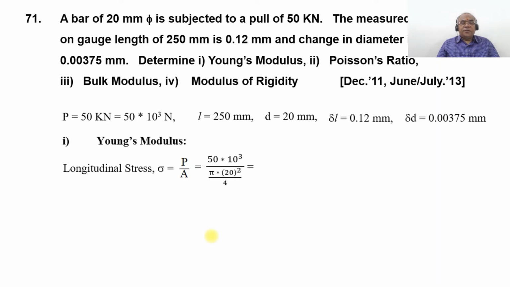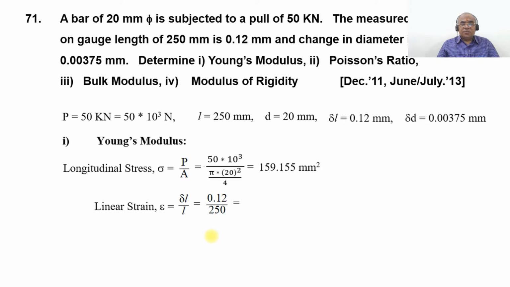So that is 50 into 10 to the power of 3 divided by pi into 20 square by 4, pi d square by 4. On simplification, you will get 159.155 Newton per mm square. So what is the linear strain? Epsilon will be equal to delta L by L. You know the value of delta L, which is 0.12, by 250.